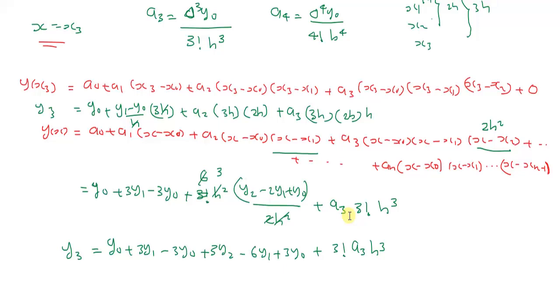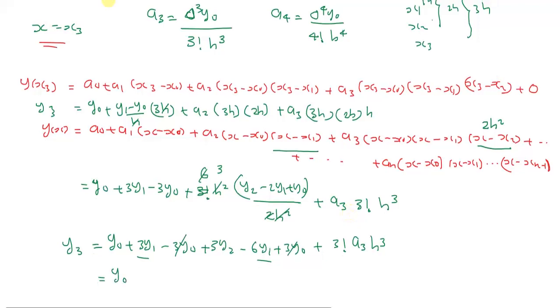Now 3y1 and minus 6y1 you can club together. Minus 3y0 and plus 3y0 you can cancel. So this will be equal to y0 minus 3y1 plus 3y1. Then you will have, so these two cancel. Now it is 3y1, is equal, here there is y3, plus 3 factorial into a3 h cube.